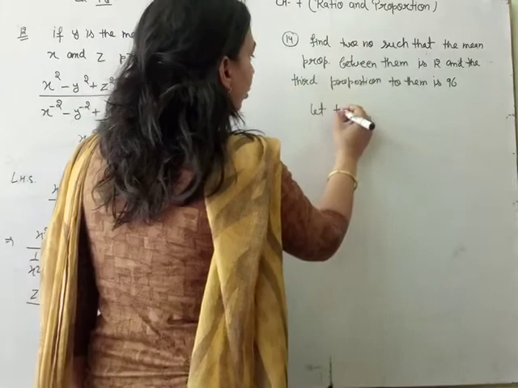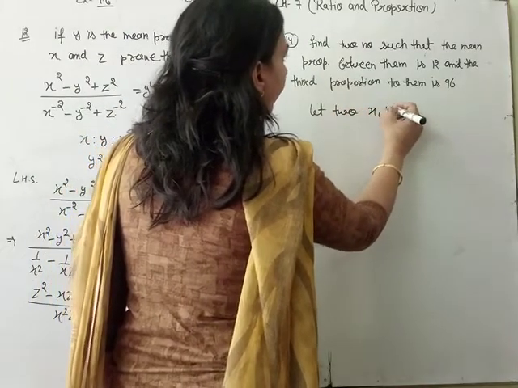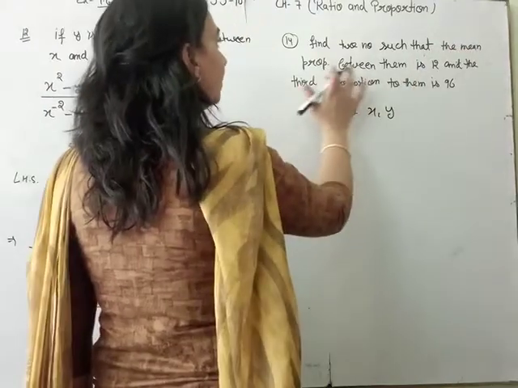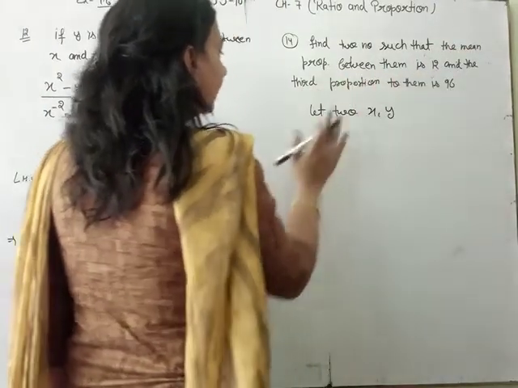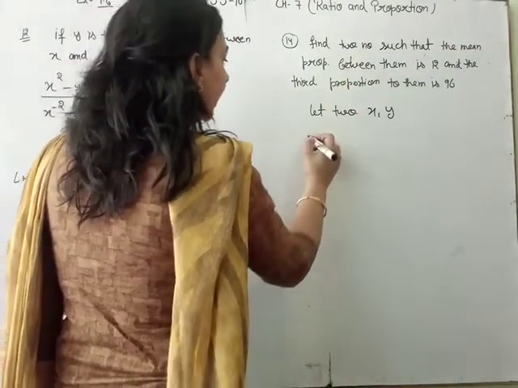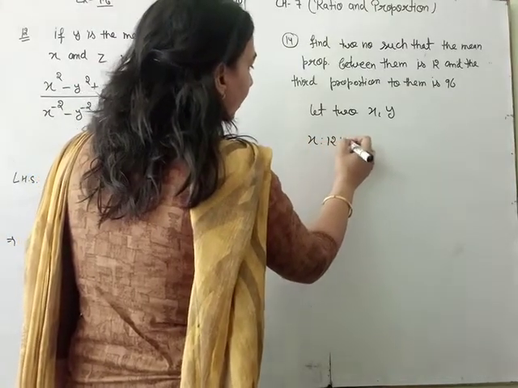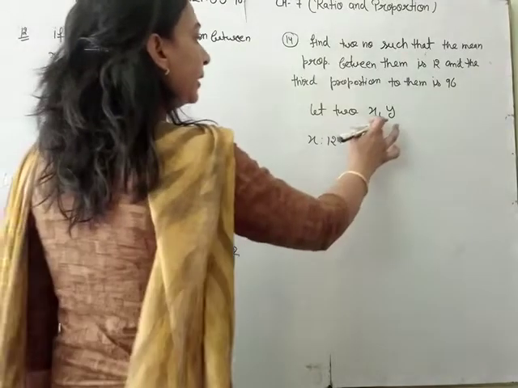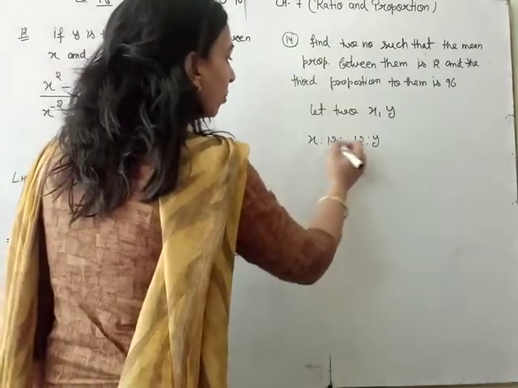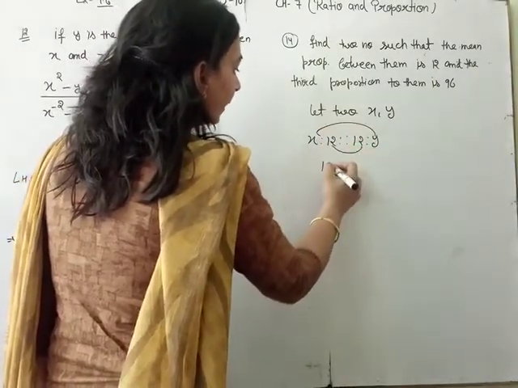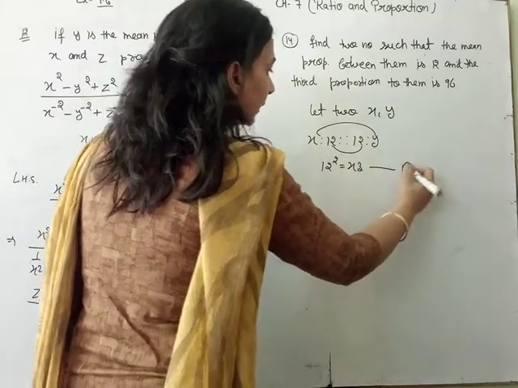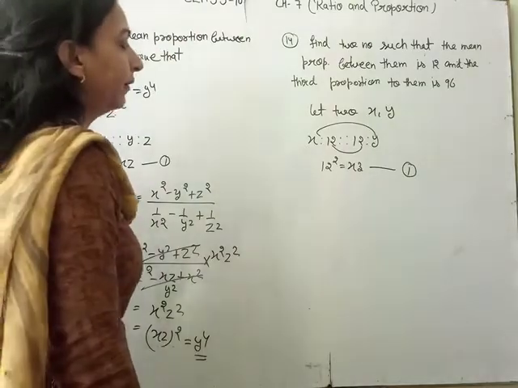Let two numbers be x and y. Okay, x and y. First is the condition, the mean proportion between them is 12. Then according to condition, x ratio 12 proportion 12 ratio y. Then according to this, 12² equal to xy. Then we write this equation number first.